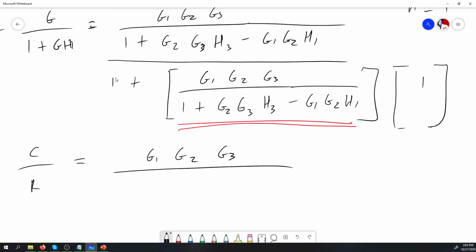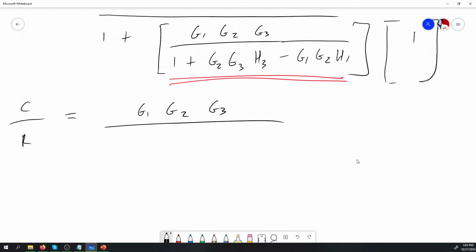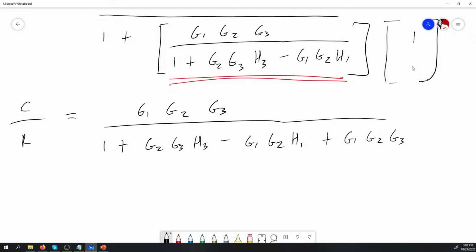The 1 here will be multiplying by this factor here, so we'll get 1 plus G2, G3, H3 minus G1, G2, H1, and then because we multiply by this factor, it just cancels, so we get plus G1, G2, G3. Basically that gives us our final answer for the transfer function.